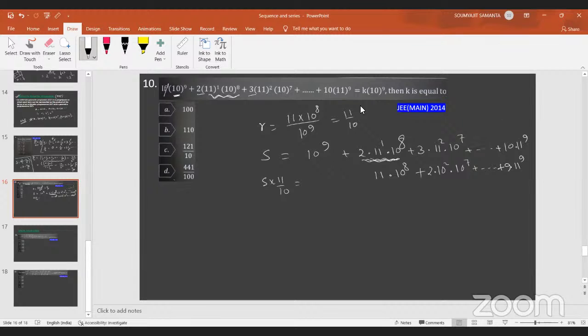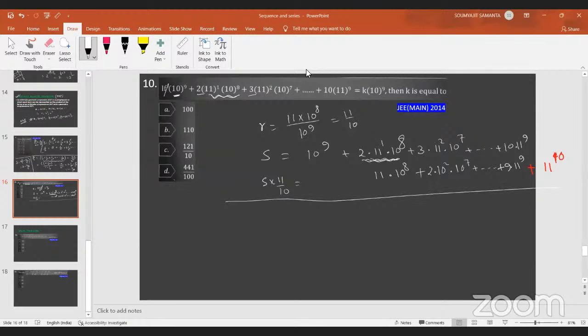So this is becoming 9 into 11 power 9, and then plus, if you are multiplying 10 by 11 by 10, this will become 11 power 10. Is this clear? Yes, sir.